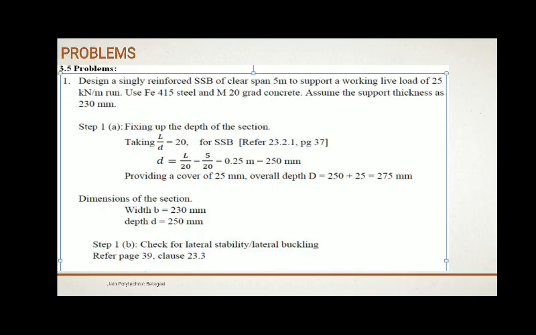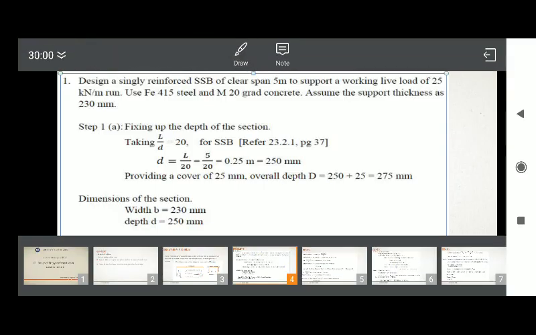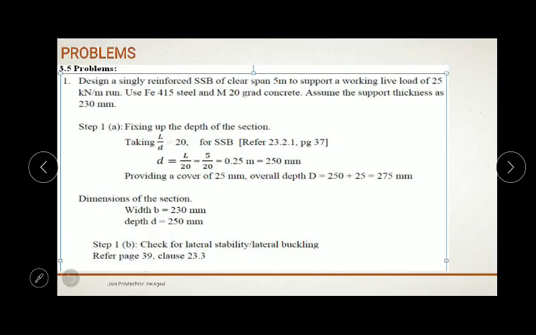So the effective depth which we get is 250 mm, but we want the overall depth. To determine the overall depth, we assume a cover of 25 mm. So here you can see in this portion we are assuming a cover of 25 mm.